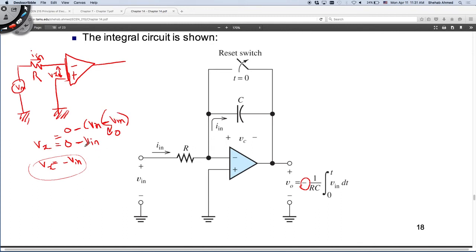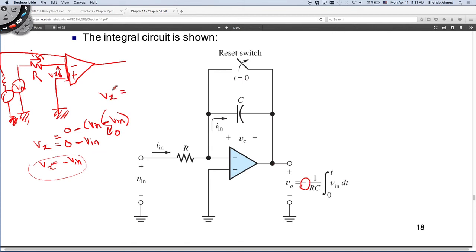Yes, no? So I will feed back a negative number to this terminal. This is like having two voltage sources connected to this negative terminal here. Right? It's like having another V input here. So then Vx is going to equal what?